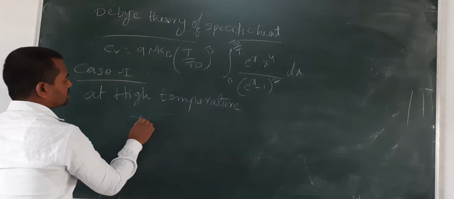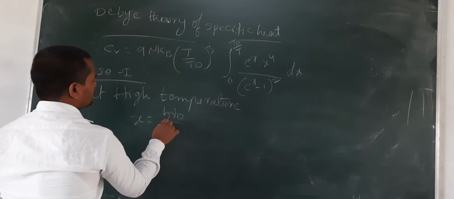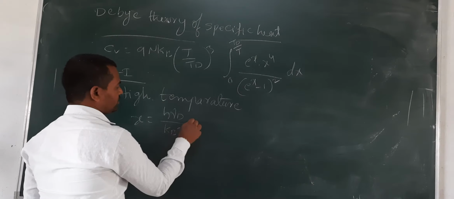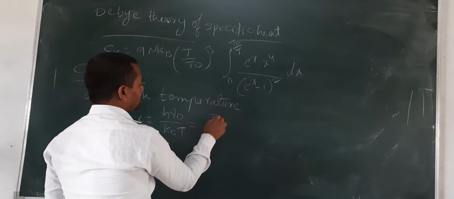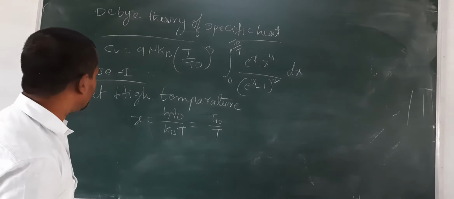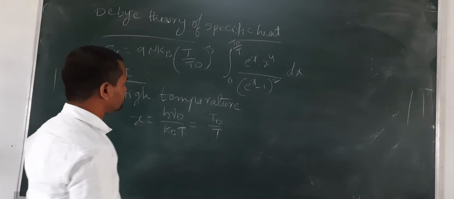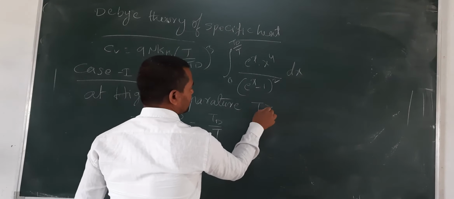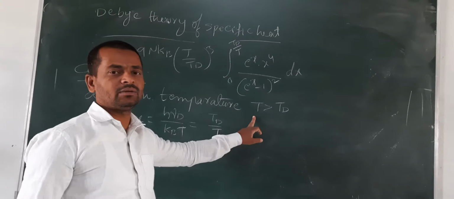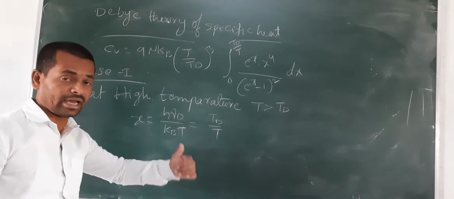See here, x is equal to h nu d by kBT, and this can be written as Td by T. Now high temperature means when T is greater than Td. When the applied temperature is more than the Debye temperature, then we can say it is a high temperature.